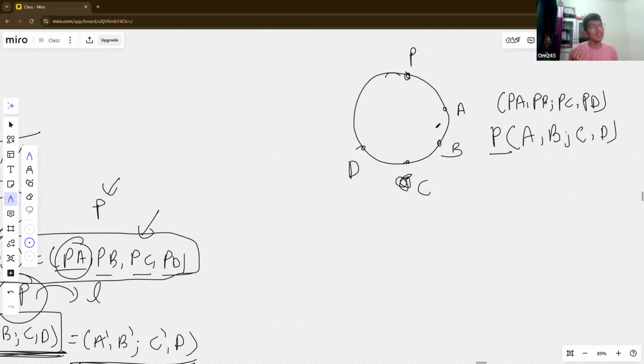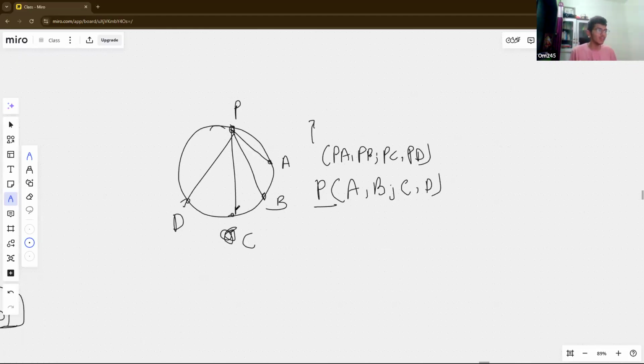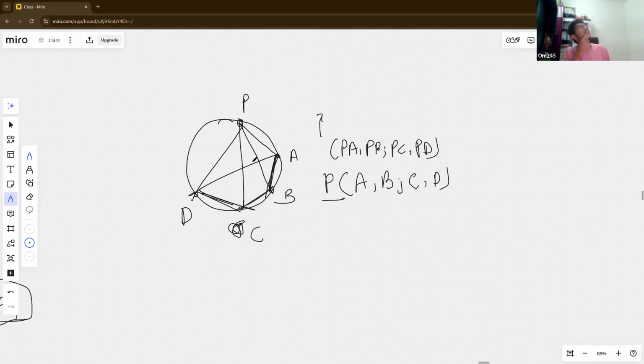Now this cross ratio is actually equal to something in terms of lengths, because you can repeatedly apply the sine rule to prove it. I don't remember the exact length condition with these 4 lengths. Okay, I will come back to that.